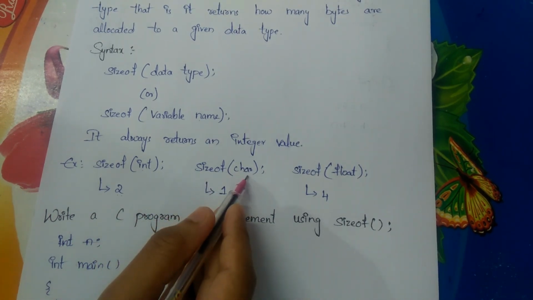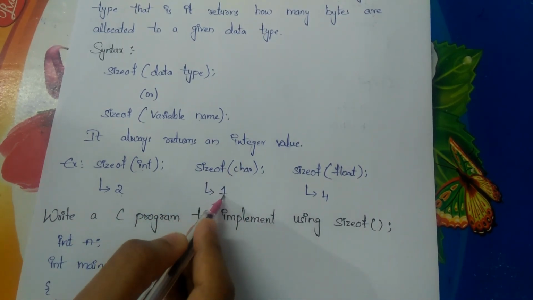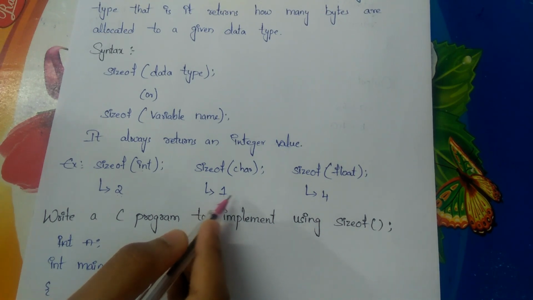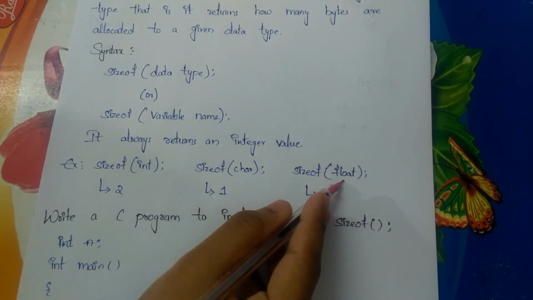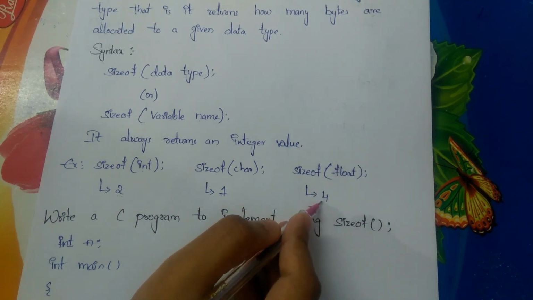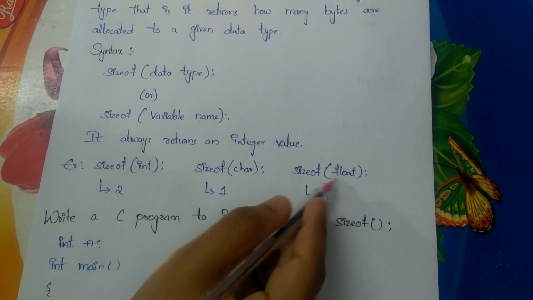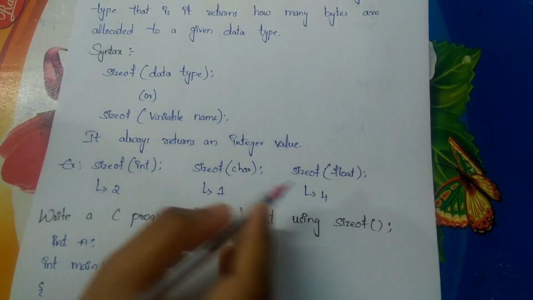So char is also a data type. It takes 1 byte of memory for each character, so that's why in the output it prints 1. The next one is float. It takes 4 bytes of memory for each float value, so when I do this statement, in the output we get 4.